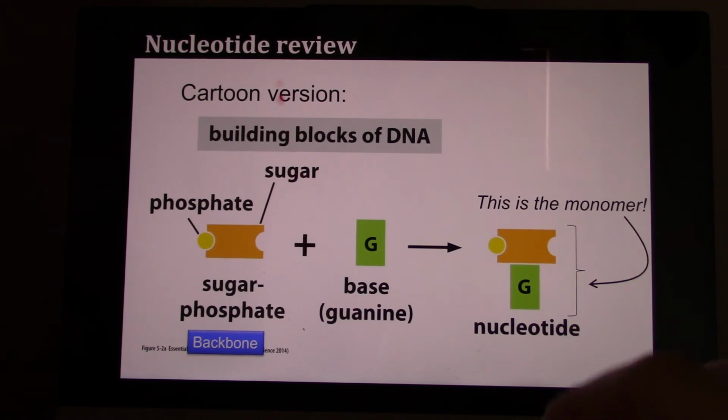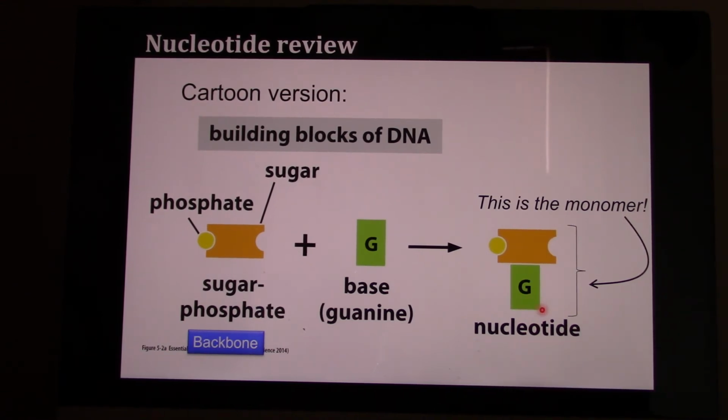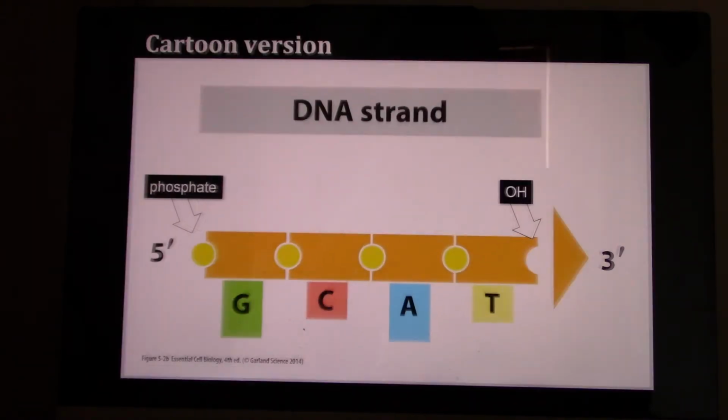So here's your cartoon version of nucleotides. You'll remember that nucleotides are composed of a phosphate bound to a ribose sugar, and that makes your backbone. And then you add the nitrogenous base, such as guanine, onto it, and you have a nucleotide monomer. So we have phosphodiester bonds between the sugar phosphate groups, and the bases of the nucleotide are going to bind to each other through hydrogen bonds to the complementary strand of DNA.